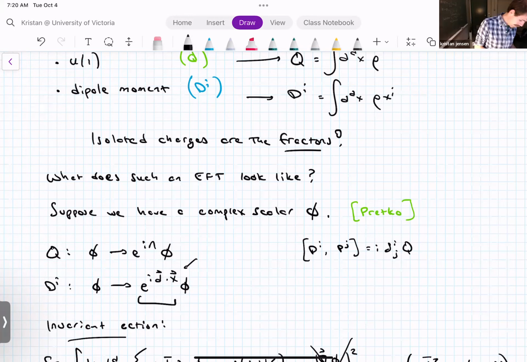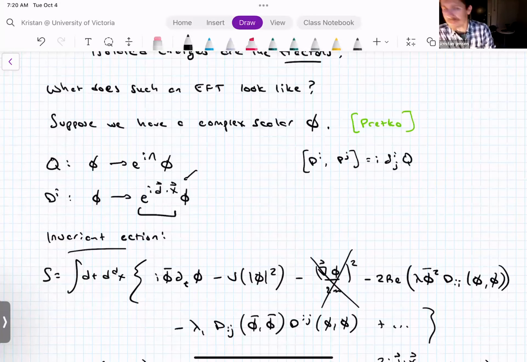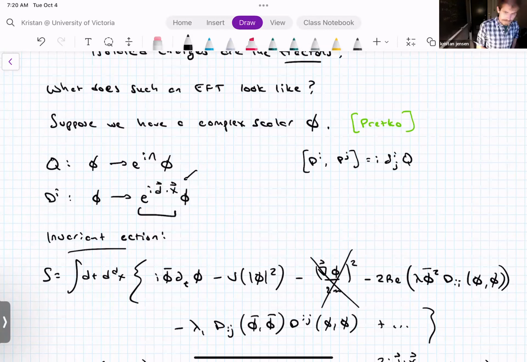Okay, so let's try to write down an action that is invariant under these symmetries. Well, translations and rotations, those are easy enough to take care of. U(1) is easy enough to take care of. We just have as many phi's as phi bars. What about the dipole moment? Well, in the absence of Lorentz symmetry, so that we can write down things with a single time derivative, the lowest derivative operators that you would start writing down in a Lagrangian are things like phi bar d_t phi.